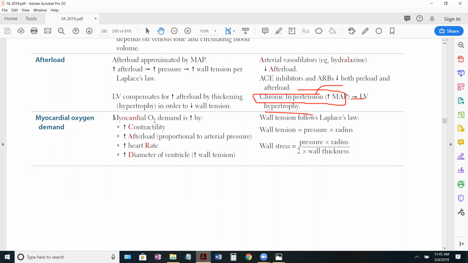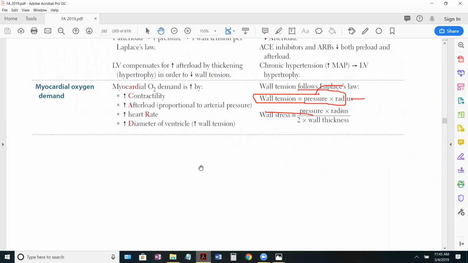Okay, so myocardial oxygen demand. Now, all these factors are affecting the myocardial oxygen demand: increasing contractility, afterload, heart rate, diameter. Now, this is something that you may confuse, but this is also a very low yield thing. I have never seen any question targeting the increased diameter of the ventricles.